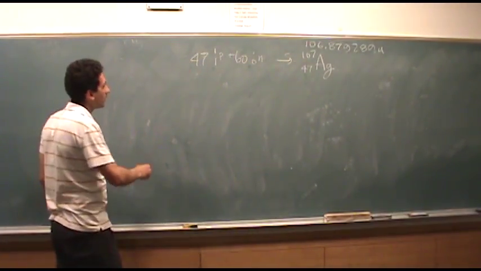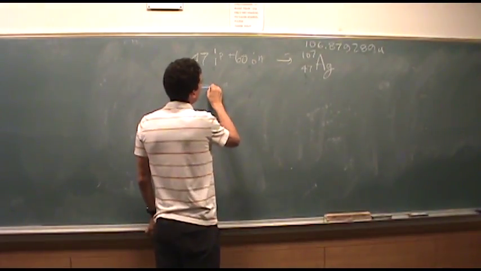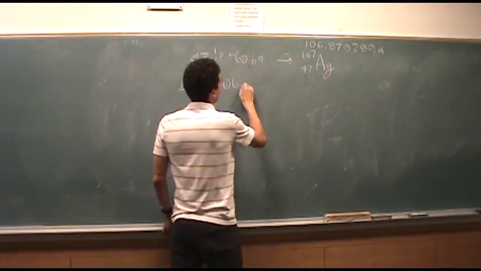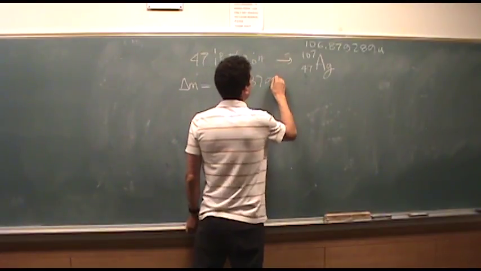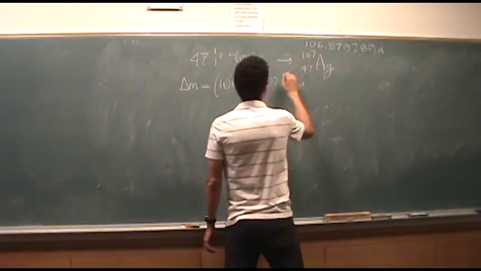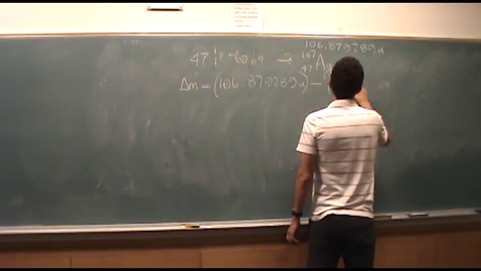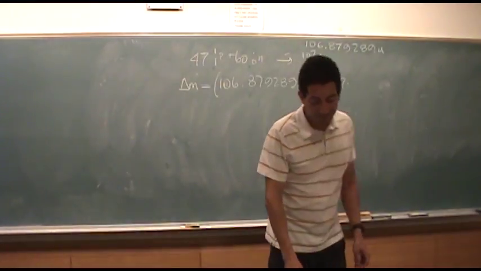Then find the change in mass, the mass defect. That's 106.879289 U minus 47 protons plus 60 neutrons, and now you need to look up the numbers.